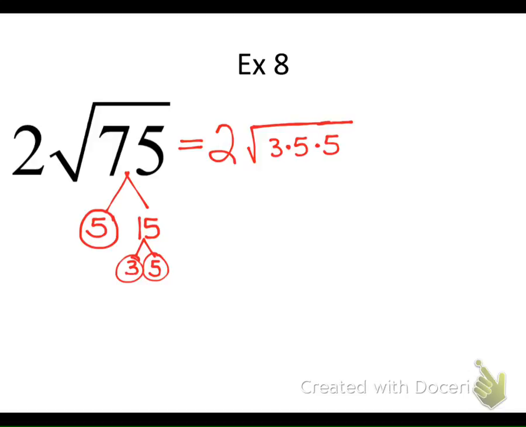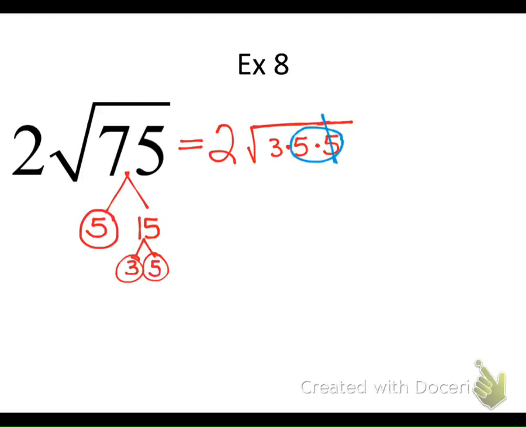Step 2 says do what, Jemiah? So I'm circling my factor pairs. Step 3, what, Brendan? Each factor pair is a radical times a single factor is a coefficient.